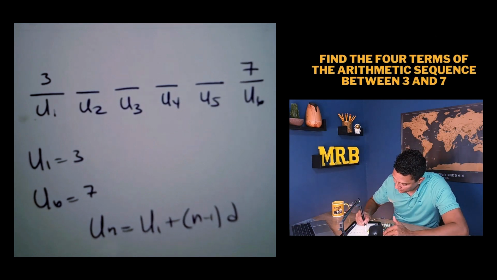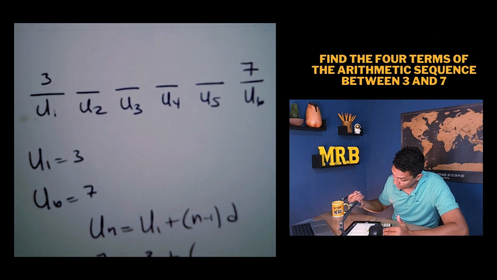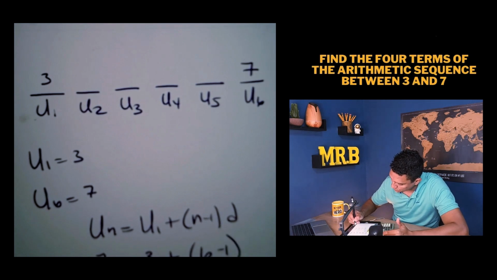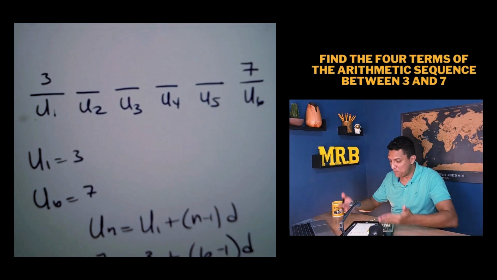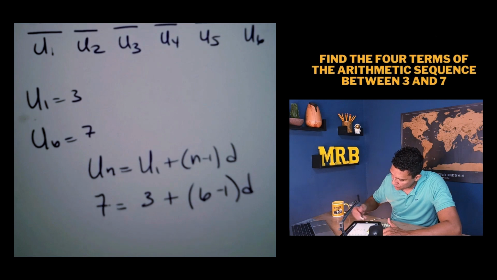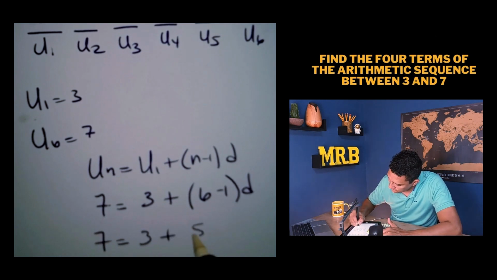The sixth term is 7, the first term is 3, and the position we are working with is the sixth. Of course we cannot answer this problem yet because we don't have the common difference. That is what we are going to find. So let's solve this to find the common difference. This is 5d.